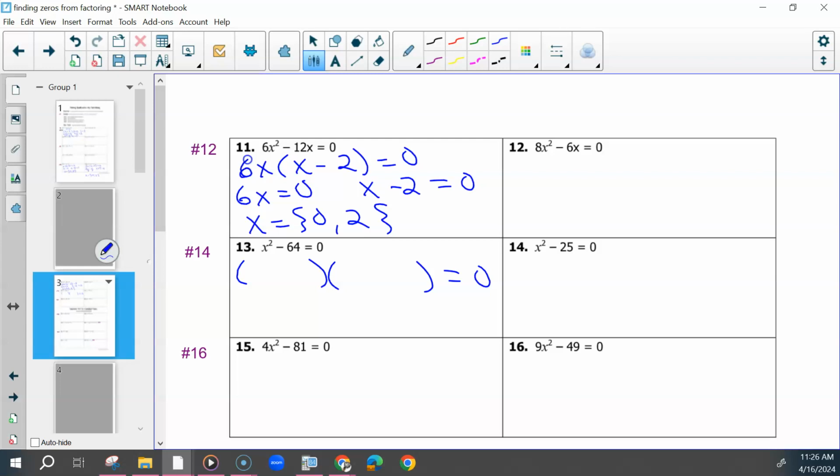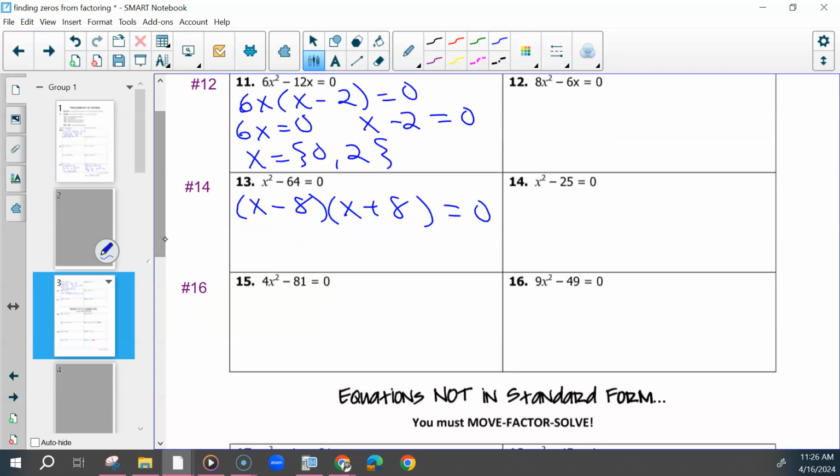What would those two factors be? x minus 8 and x plus 8. And if we set both of those equal to 0, what would our two solutions be?